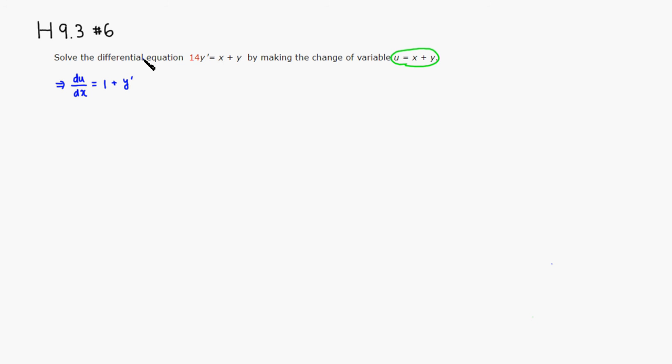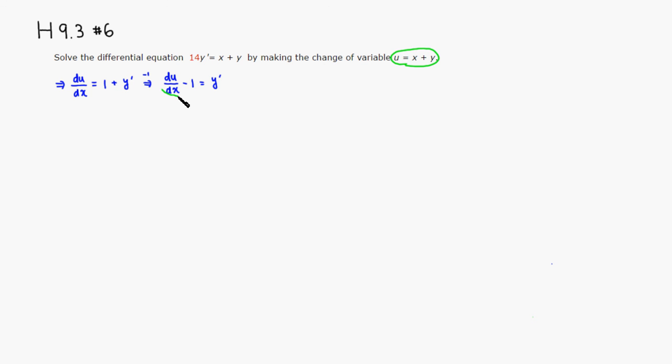I'm going to solve for y prime, so this is just subtracting 1. We have du over dx minus 1 is equal to y prime. Now we have an expression for y prime.